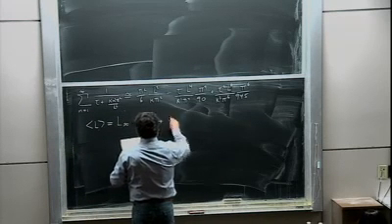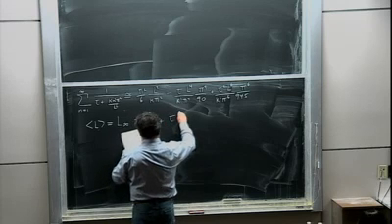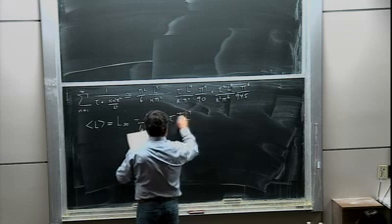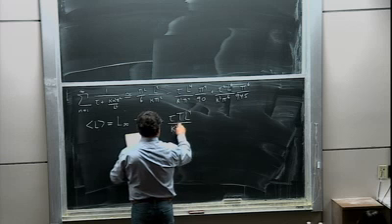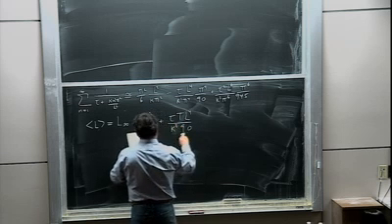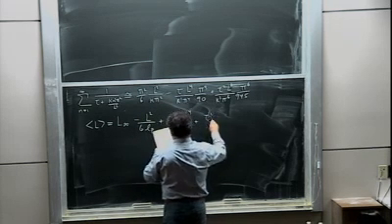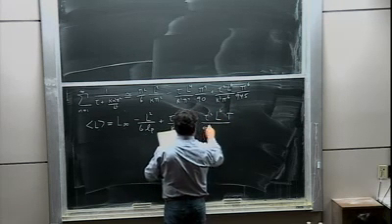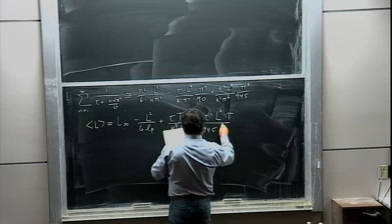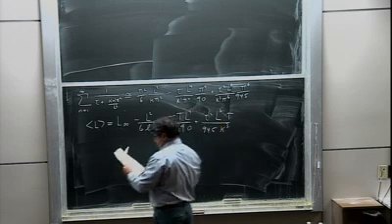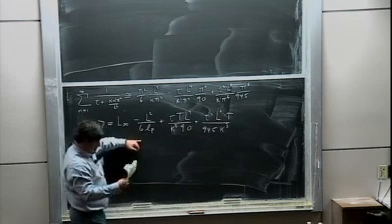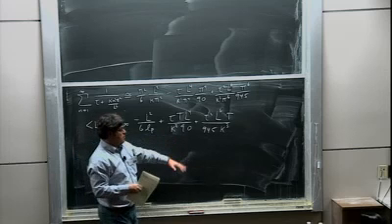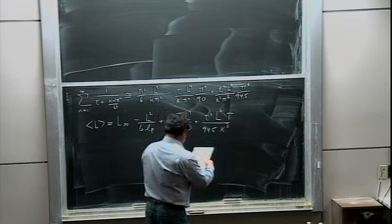Then the next correction is this. And then the final correction that I computed, anyway, is this one, kappa cubed. So again, this is equilibrium, this is linear response, and this is the first nonlinear term that you have.